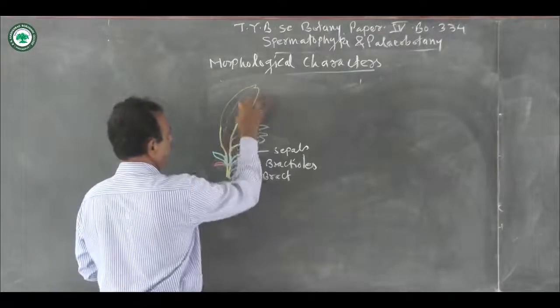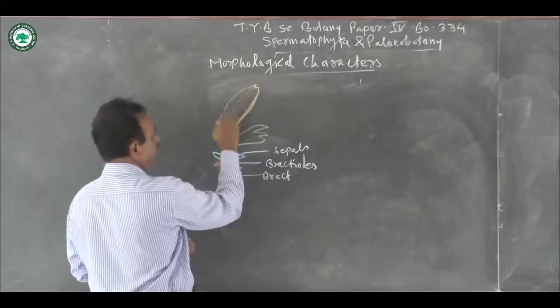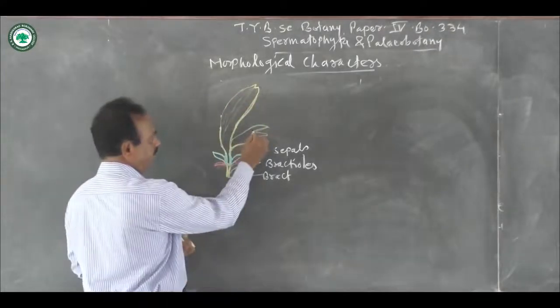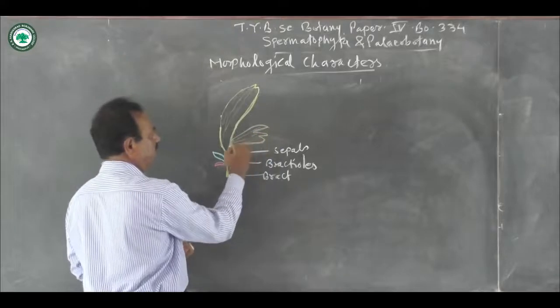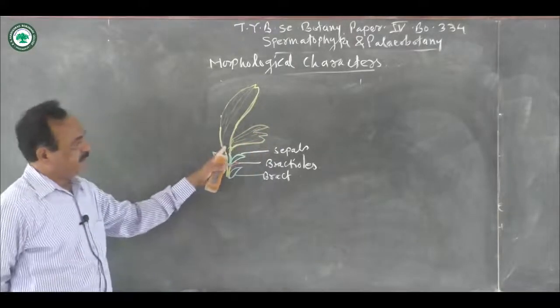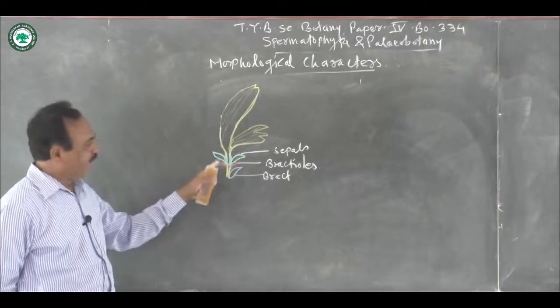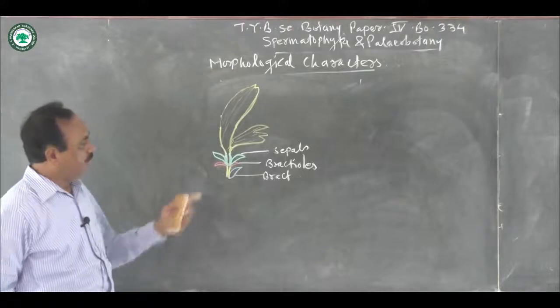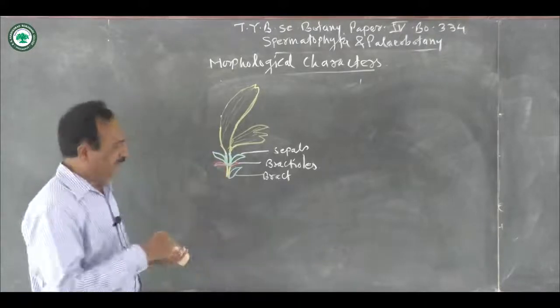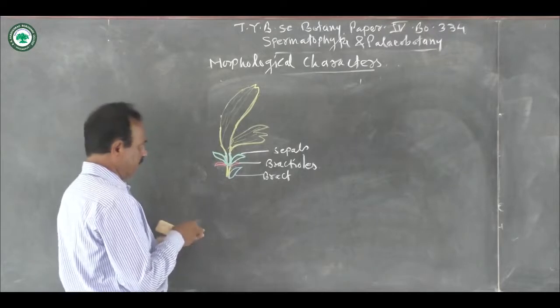Out of that, 2 petals fuse together and form one lobe, and 3 petals fuse together and form another lobe. They are gamopetalous and present in valvate type of estivation, and the corolla is bilabiate having 2 lobes. That's why it is called bilabiate.